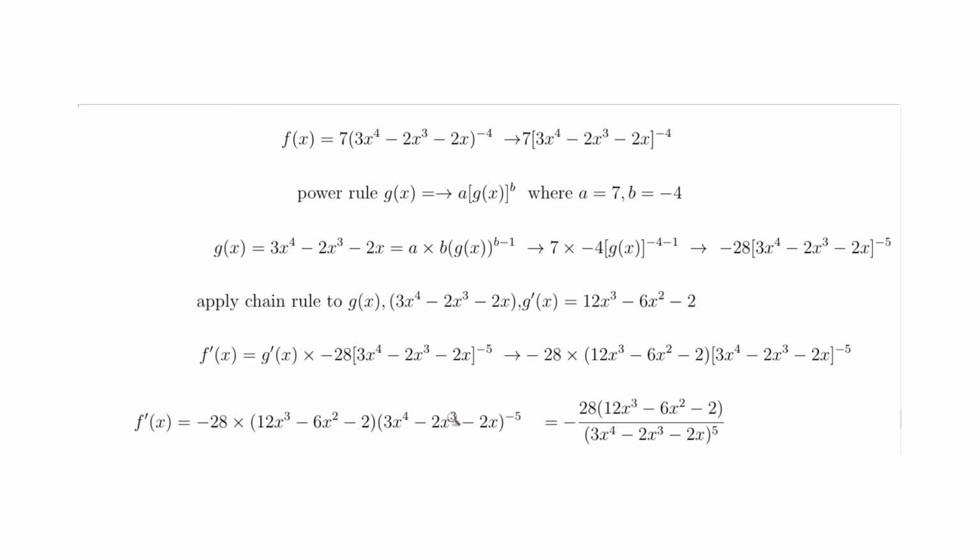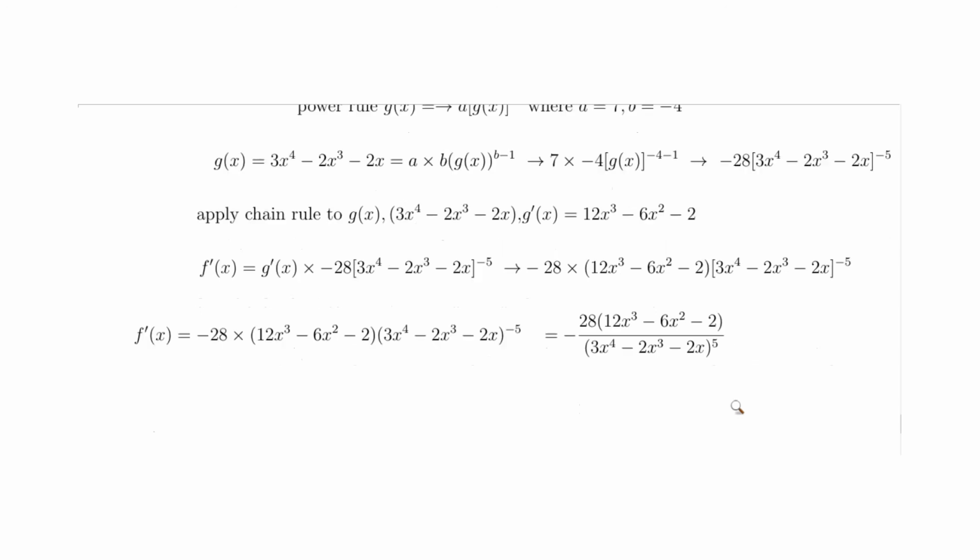But this last polynomial, (3x⁴ - 2x³ - 2x) to the power of -5, because it's a -5, it's actually on the denominator. So we can write it as a quotient: -28 times (12x³ - 6x² - 2) divided by (3x⁴ - 2x³ - 2x) to the power of 5. And that gives us our answer.